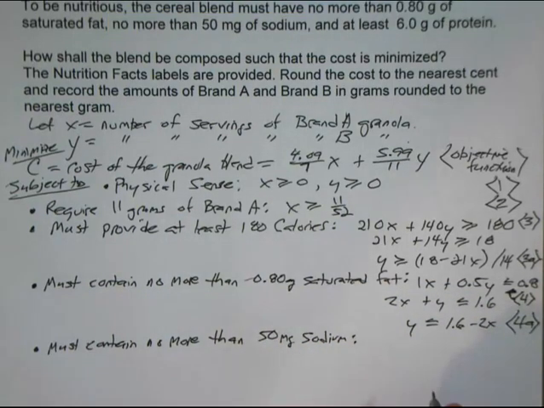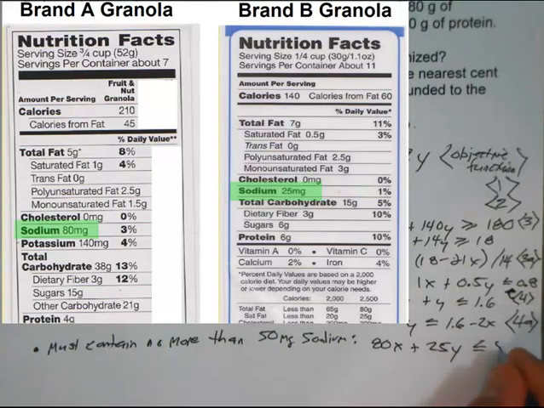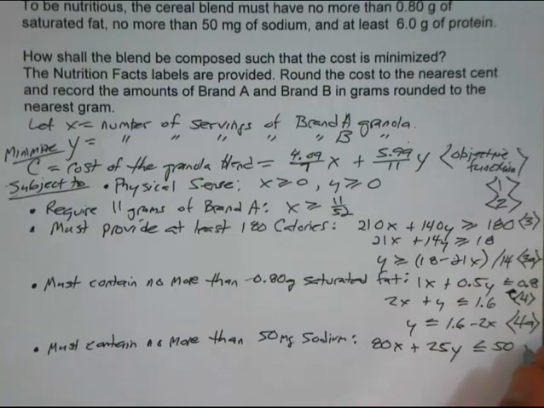Alright, so we just saw in that nutritional fact label that the brand A has got the 80 milligrams per one serving, so 80 times x for the overall contribution from brand A, plus 25 milligrams, one serving of brand B, times y servings of brand B gives its total sodium contribution, and we have to keep this sum less than or equal to 50. There's our fifth inequality.